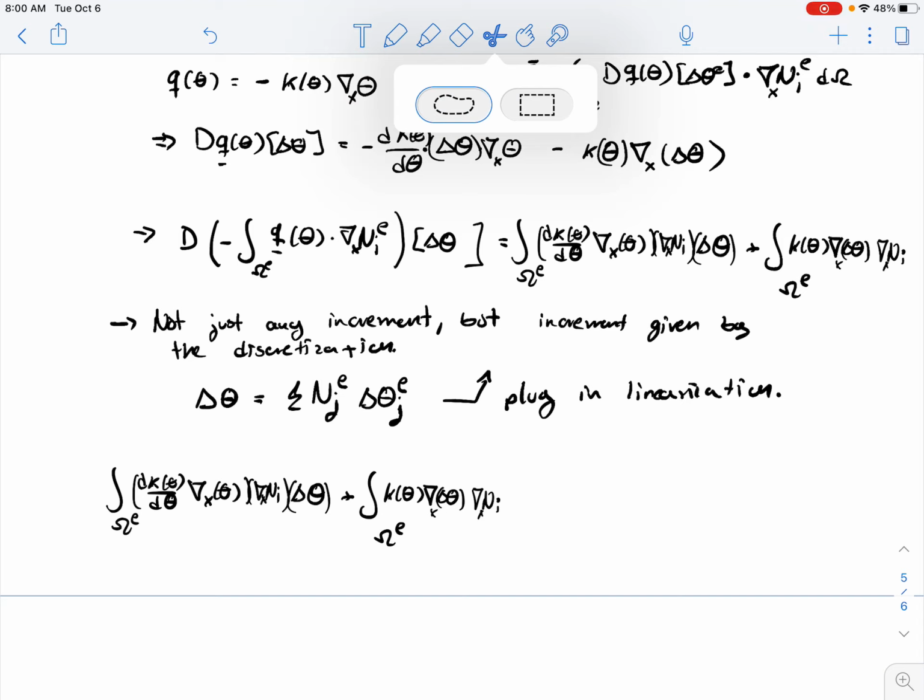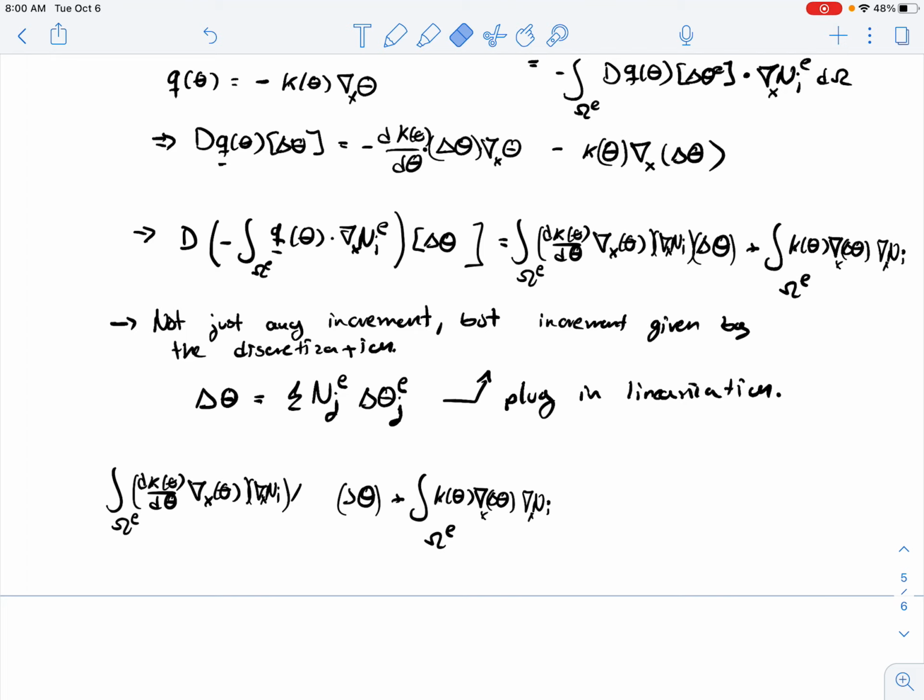So I have this: the derivative of k of theta with respect to theta times the gradient of theta with respect to x times the gradient of the shape function i with respect to x times, and it should be the increment, but now instead the increment is going to be the sum of N_j times the increment.